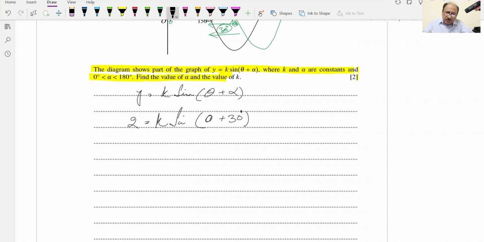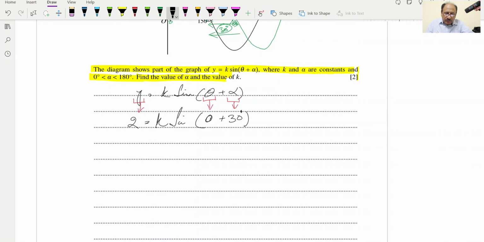So in this equation, we have replaced the value of alpha, which is 30. We have replaced the value of theta, which is 0, when y is equal to 2, and we will find the k value.